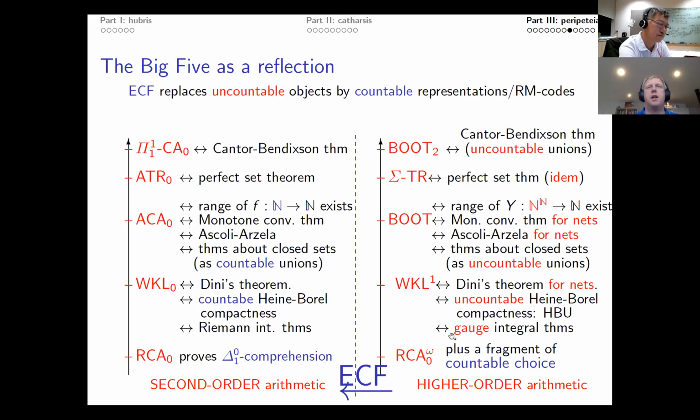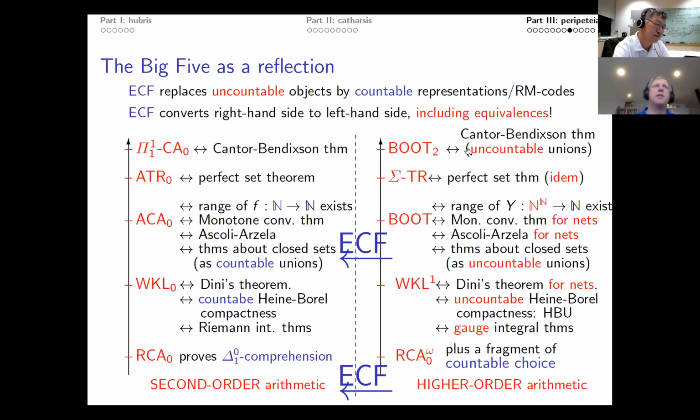This is a way of mapping higher order arithmetic into second order arithmetic. Just throw away everything, replace all the uncountable third order stuff by second order reverse math codes. And actually ECF converts the right hand side to the left hand side. So all these theorems about uncountable things become the theorems on the left if you throw away all the third order stuff.